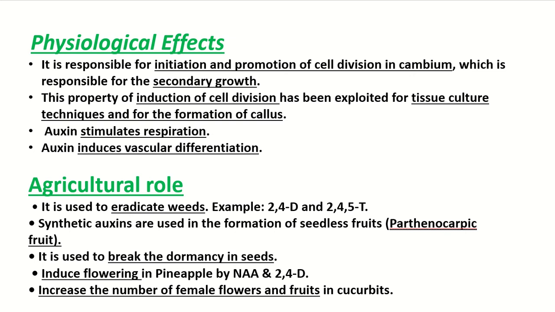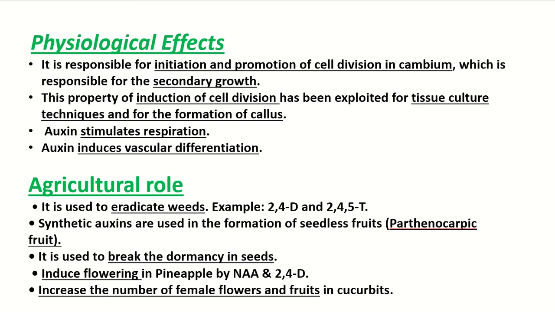To eradicate weeds, for example Parthenium, which is a weed plant, the synthetic auxins 2,4-D and 2,4,5-T play a well-rounded eradication role.